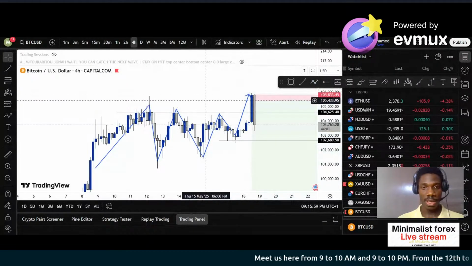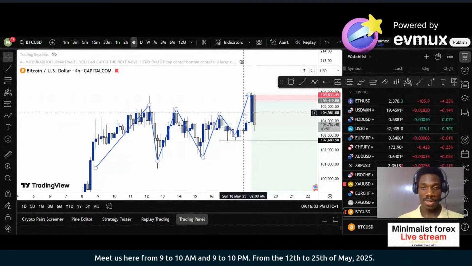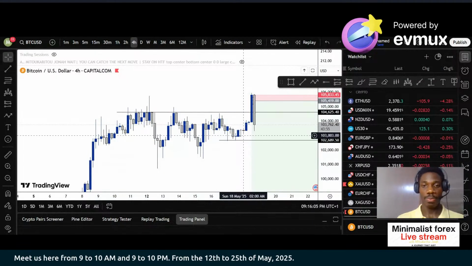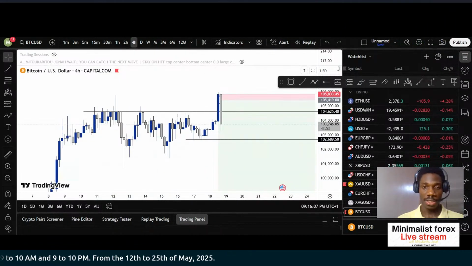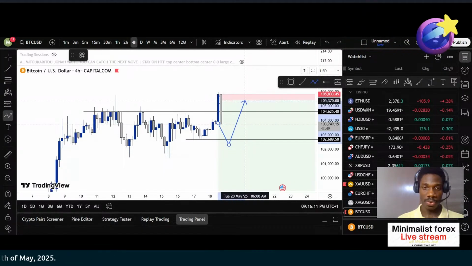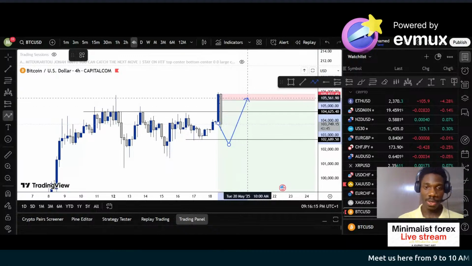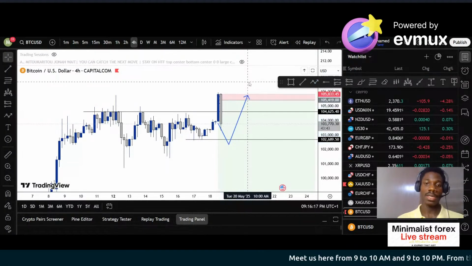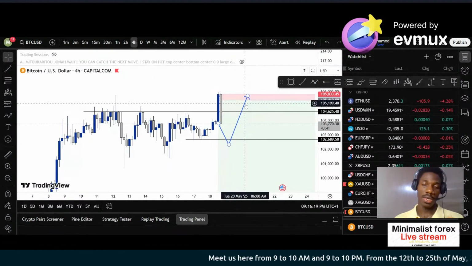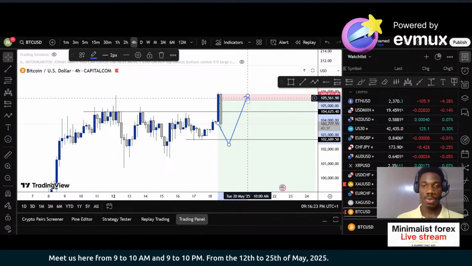It actually closed above structure, so it's still bullish, and this is just a retest for price to push upward. But I'll still be expecting price to come downward and take out this liquidity before going up, if it's going to break above. Most likely it's going to tap into liquidity and then take out this high again. So these are two good trades we could look forward to.